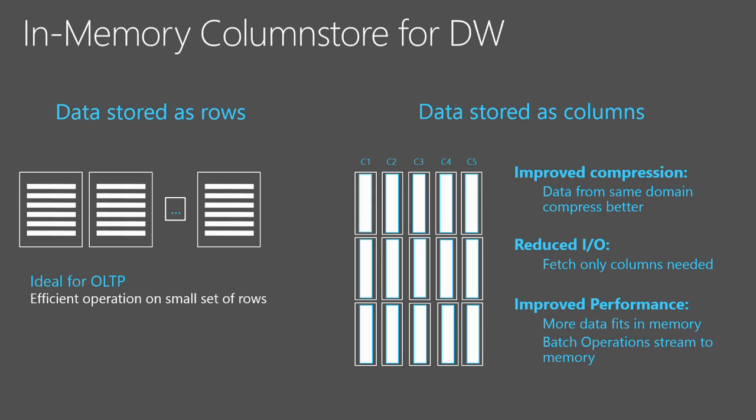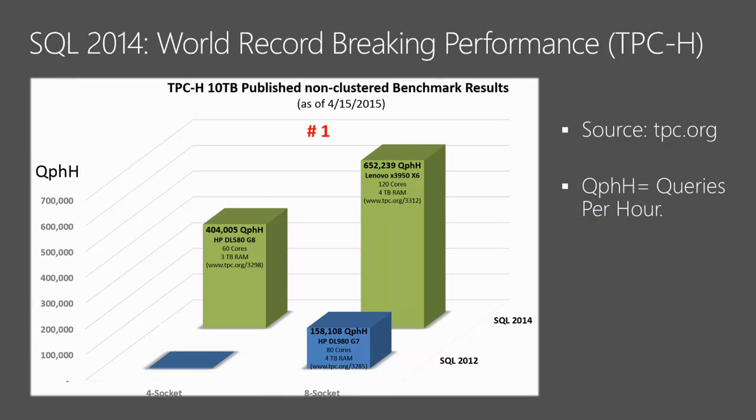In particular, batch mode operations instead of row mode operations, where we can pull sets of data in batch mode into memory instead of single rows at a particular time. And again, this is just a benchmark that we did with the TPC-H workload on data warehouse workloads.